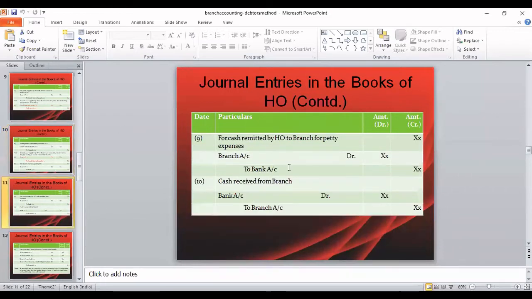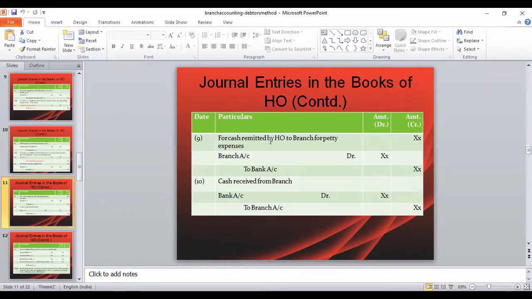The next one, this entry. See, this entry is for when cash is given by head office to branch. Sometimes head office knows these are the expenses we pay for the branches, but there are certain expenses that head office cannot pay every time and cannot keep track of. So head office will keep some money with the branch, to meet their expenses.